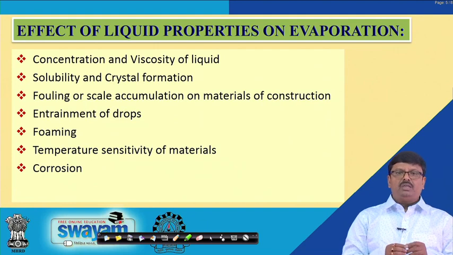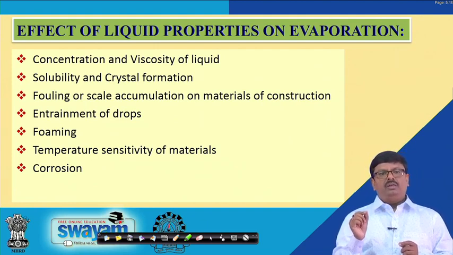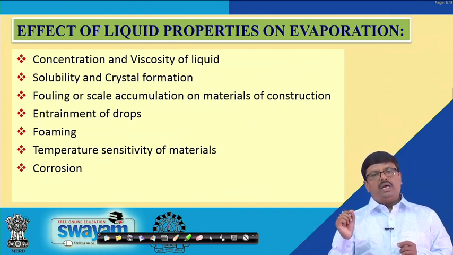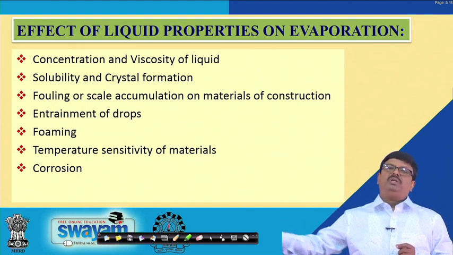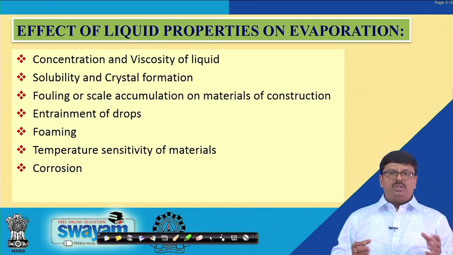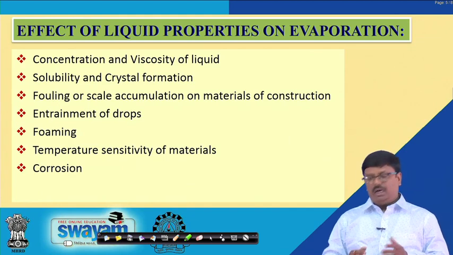So, the evaporator should be recommended in such a fashion that it can handle materials that would be converted at high temperature into products other than the desired one. Corrosion is also very important, and it can also cause fouling, or dirt accumulation, or dirt deposition.